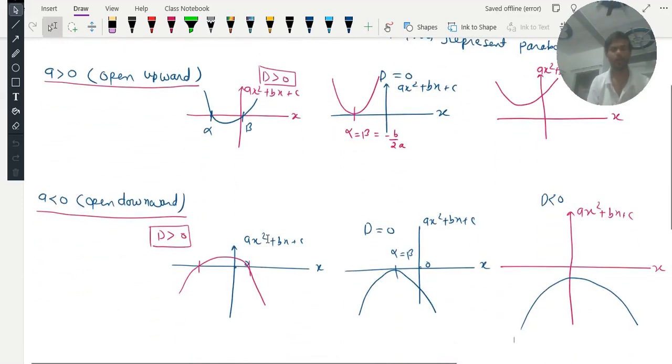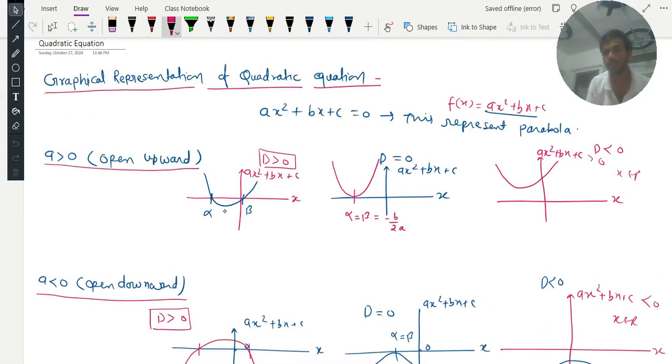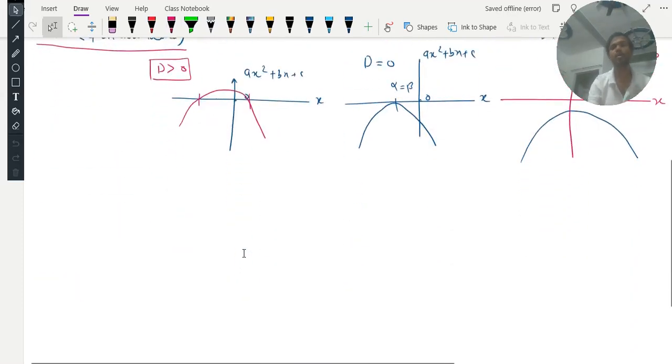Now, this parabola is always negative for x belonging to real numbers, and this parabola is always greater than 0 for x belonging to real numbers. So on the basis of this expression, we can find any constant involved in the equation.